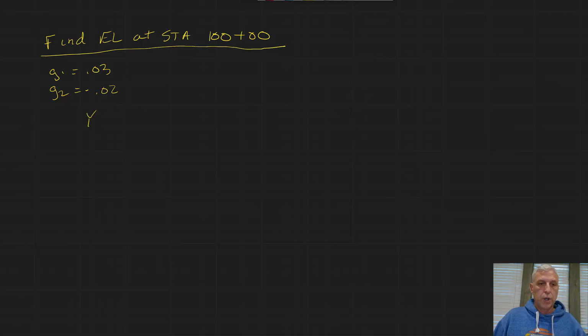So the elevation of station 100 plus 00 equals, lost track already, the elevation of our beginning of curve plus our incoming grade times the x component of 100 plus 00, plus our G2 minus G1 over 2L times that x value at 100 plus 00 squared.